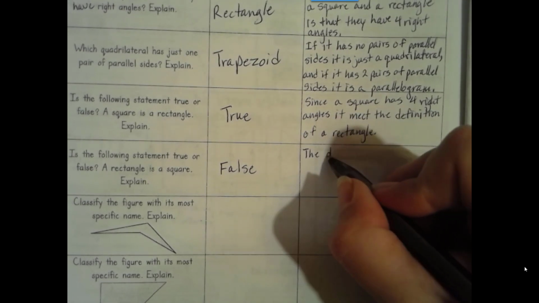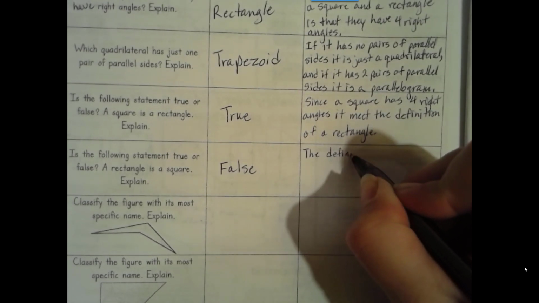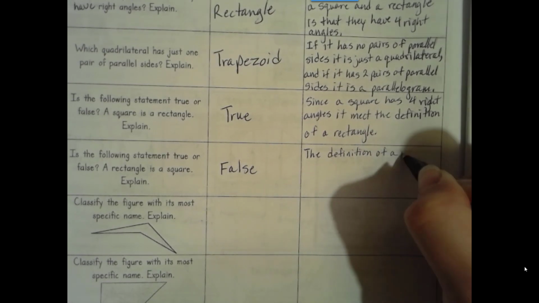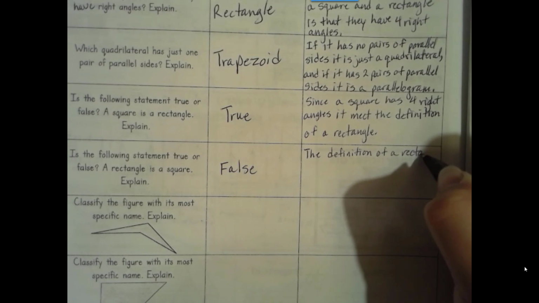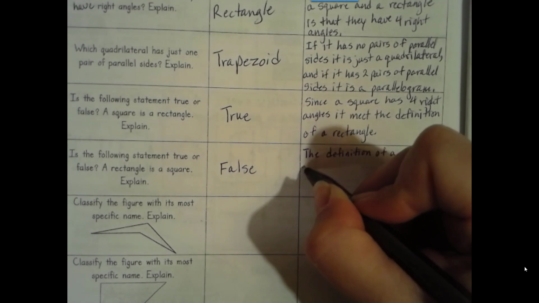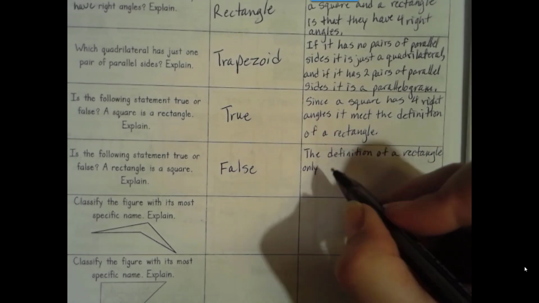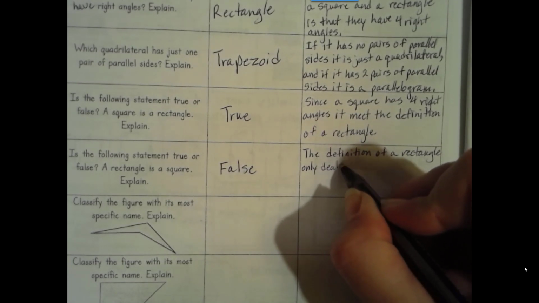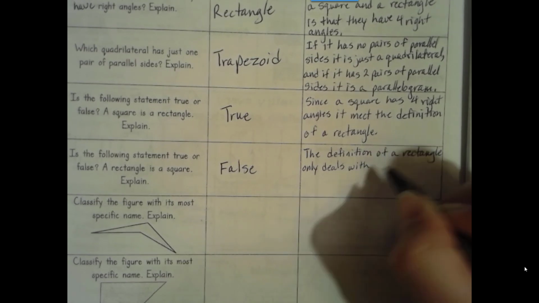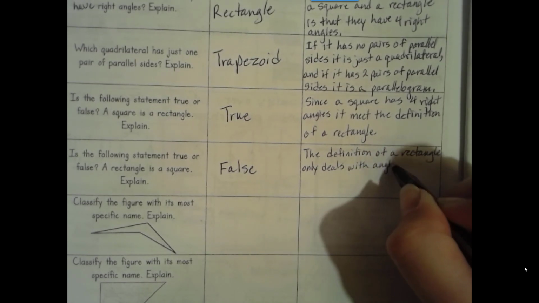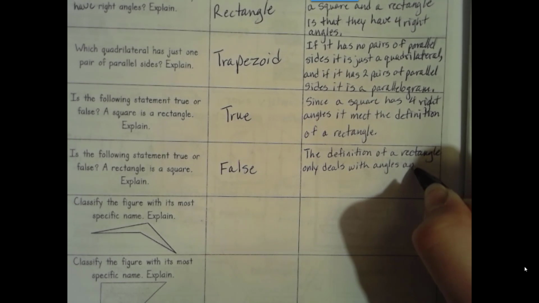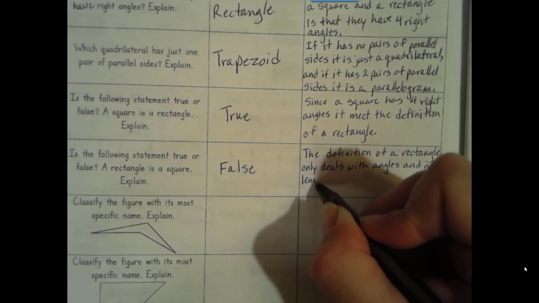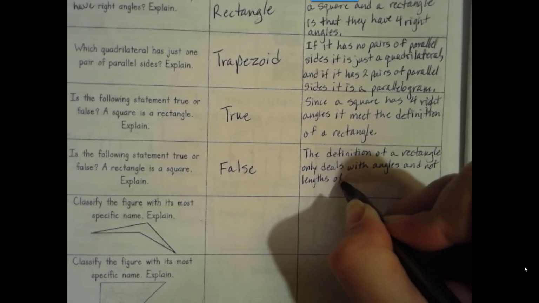The definition of a rectangle only deals with angles and not lengths of sides.